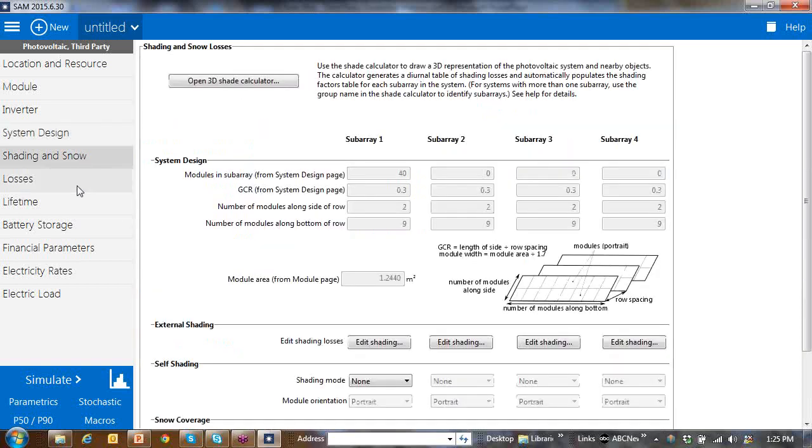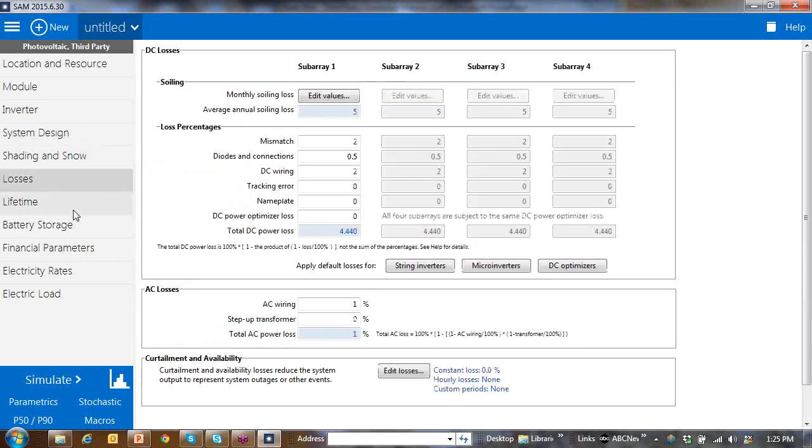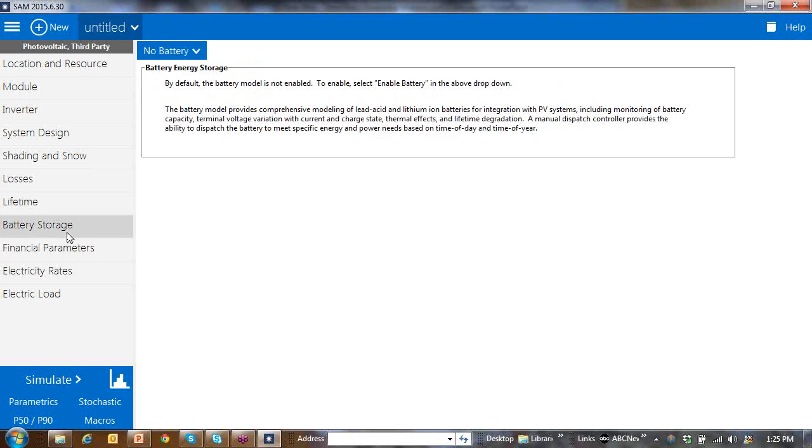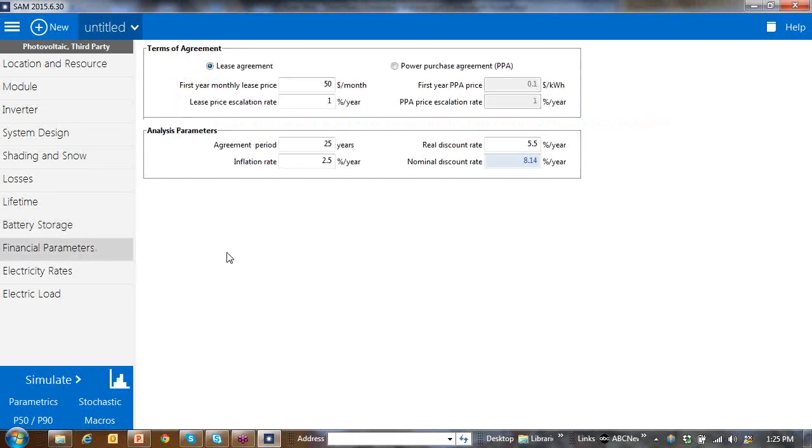We'll assume default values for shading, snow, losses, and degradation. We'll assume no battery at this time, but that would be something with our new battery modeling capability that might also be of interest in a third-party owned system, as some third-party owner systems are now offering batteries as an option with their PV systems.